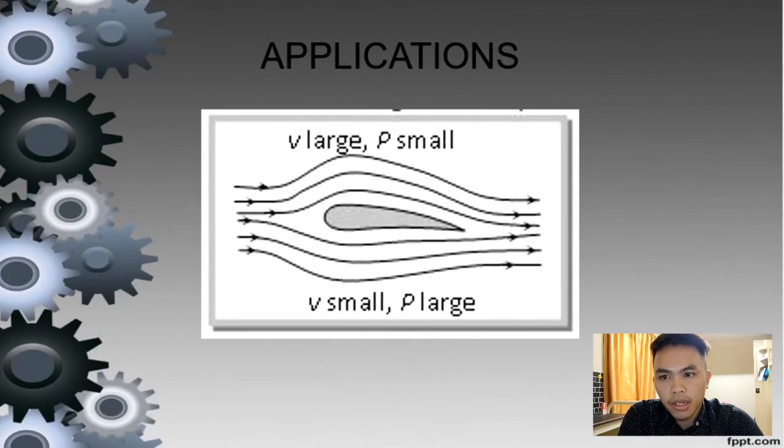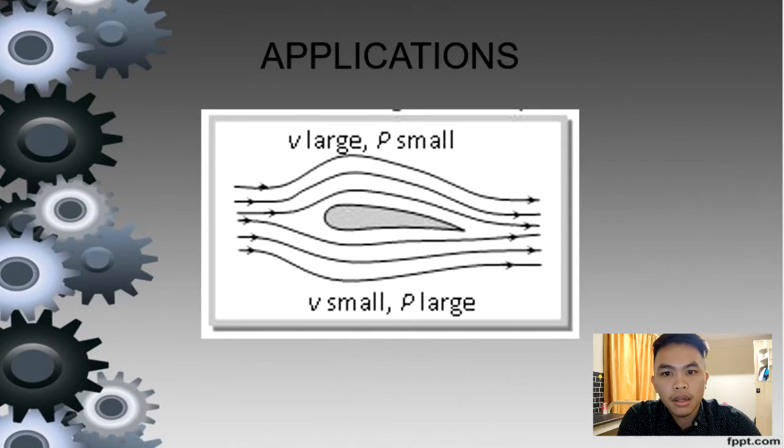The second application of Bernoulli's principle is the working of an aeroplane. The shape of the wings of the aeroplane is as shown in the figure. Due to the specific shape of the wings, when the aeroplane runs, air passes at higher speed over the upper surface as compared to the lower surface.